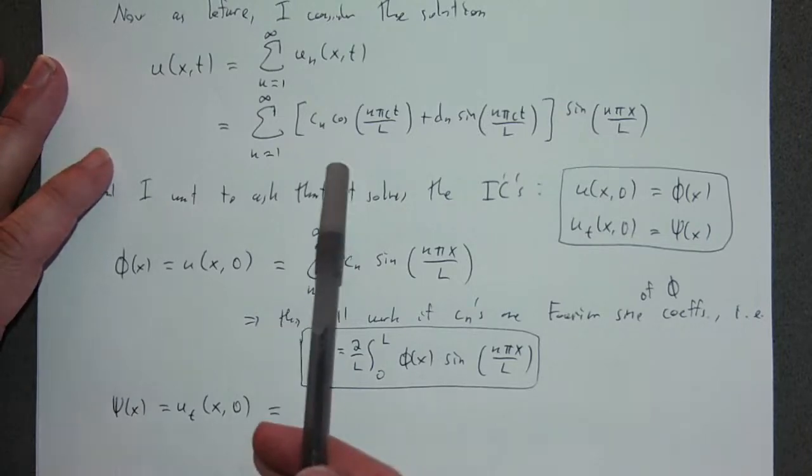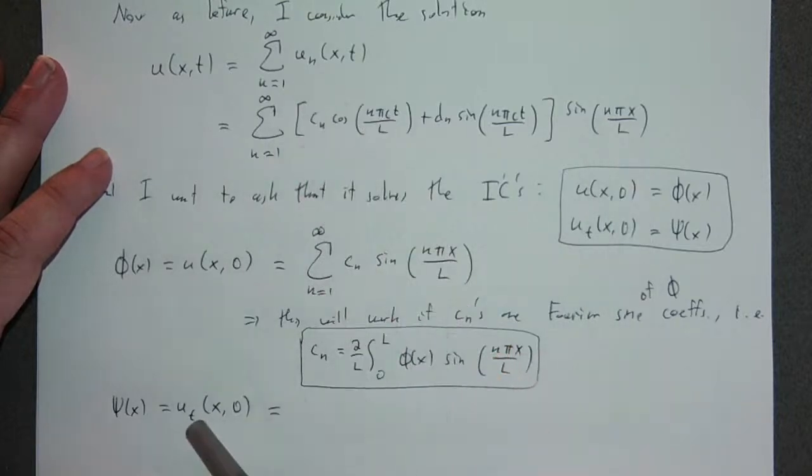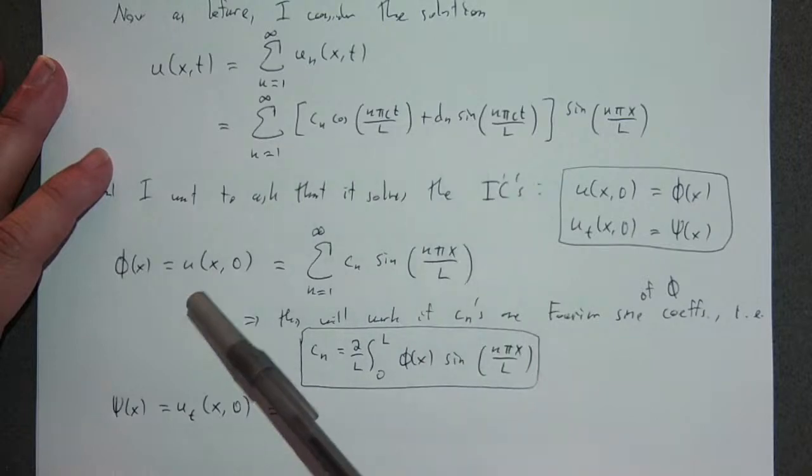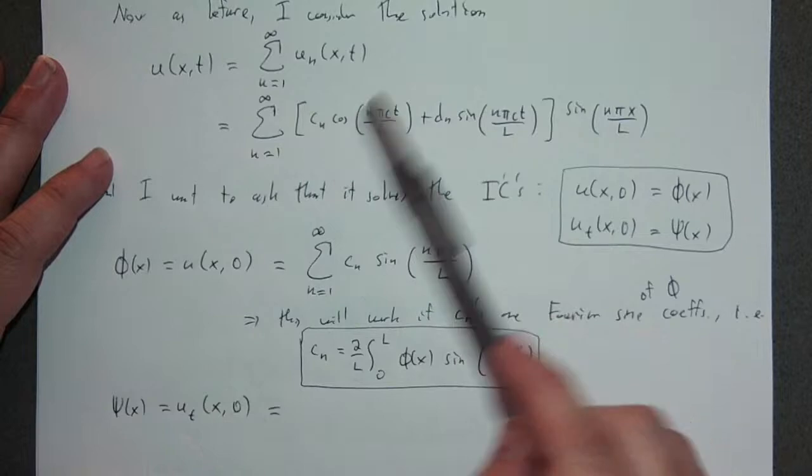But this is saying that, again, when I differentiate this thing term by term here, the t derivatives are only hitting the t terms. Here, cosine goes to minus sine, and when I plug in 0, that's going to 0, so I don't care.